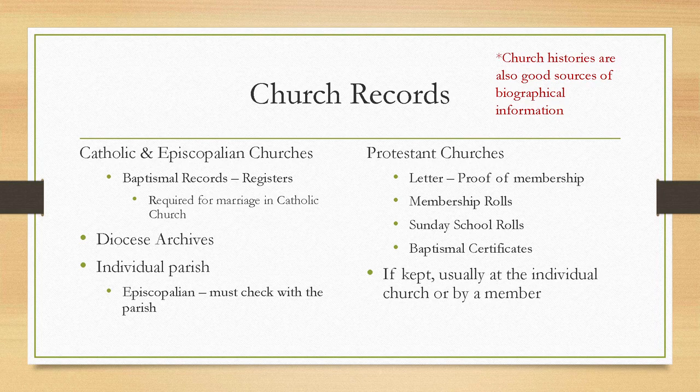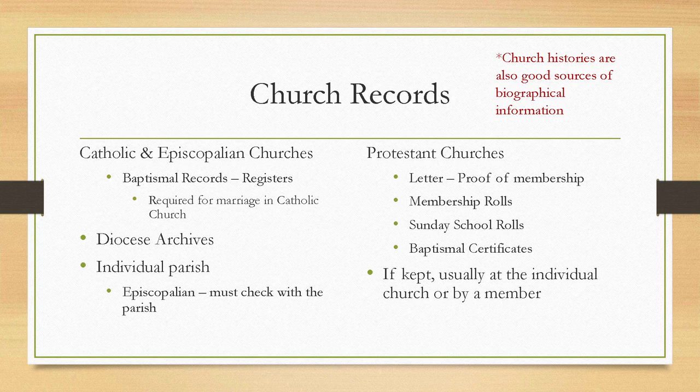So, church records. For Catholic and Episcopalian churches, you're going to get baptismal records and registers. Catholics especially, if you wanted to get married in the Catholic Church, you had to have a baptismal record and you had to show it. So they like records. To find these, you can go to diocese archives.